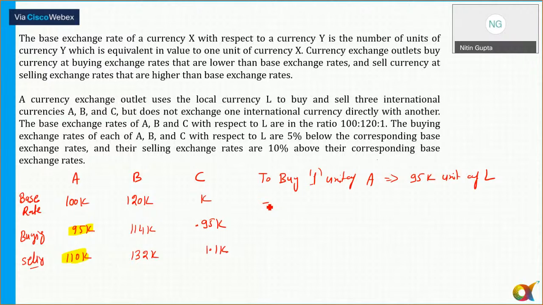Now, similarly, I can say if we sell 1 unit of A, we'll get how much? 110K units of L.